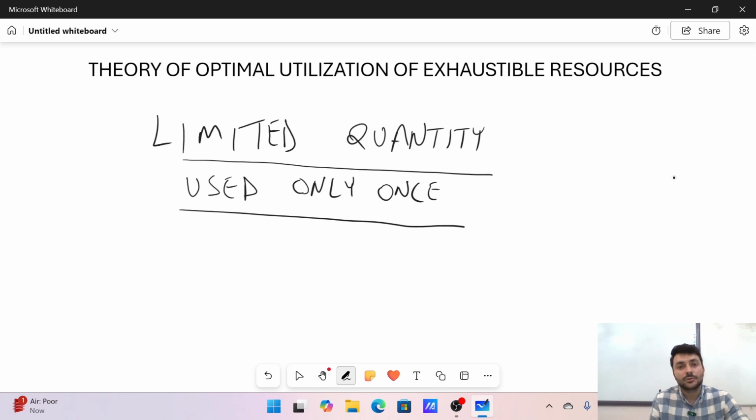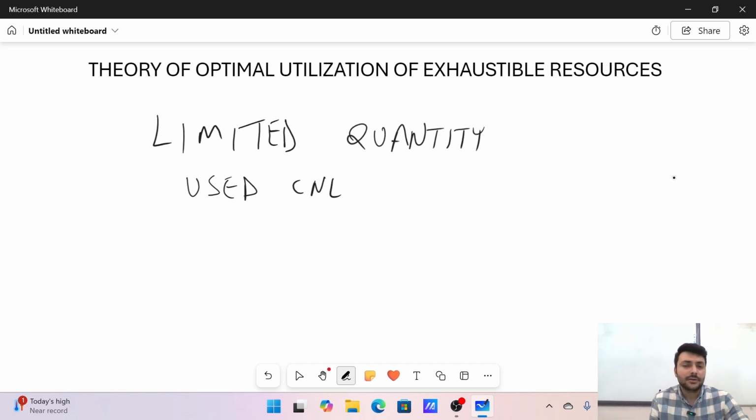Moreover, these are the resources which take many years, particularly millions of years, to reproduce. So these are some of the features and characteristics of exhaustible resources that will help us in understanding the theory of optimal utilization of exhaustible resources.